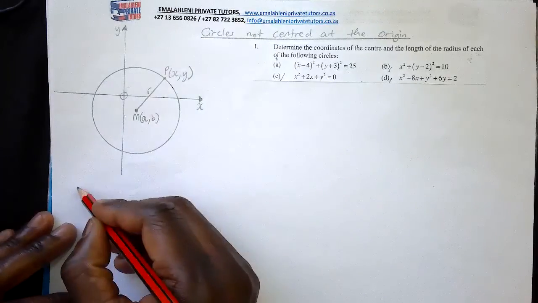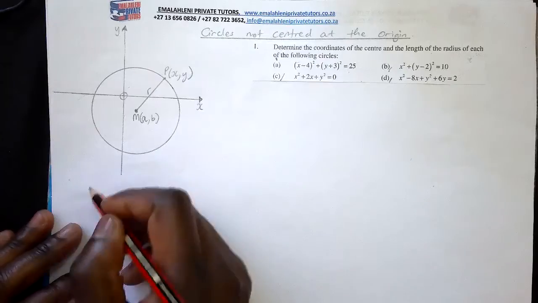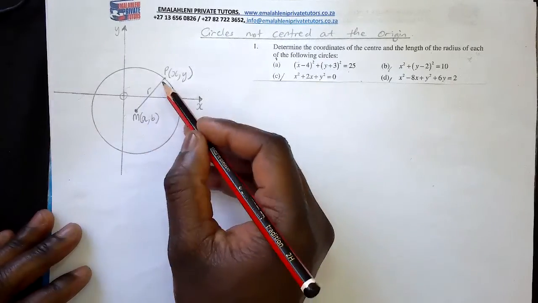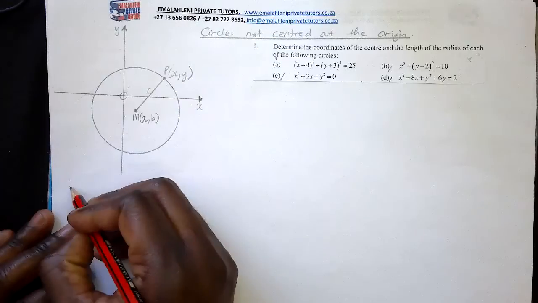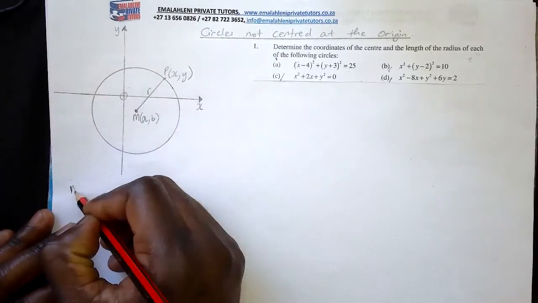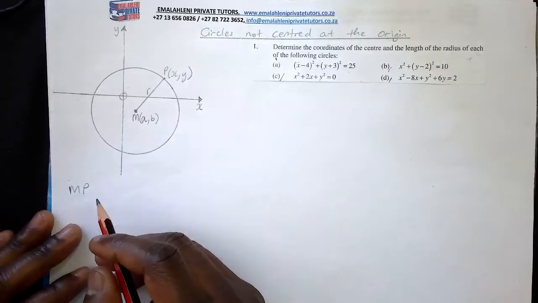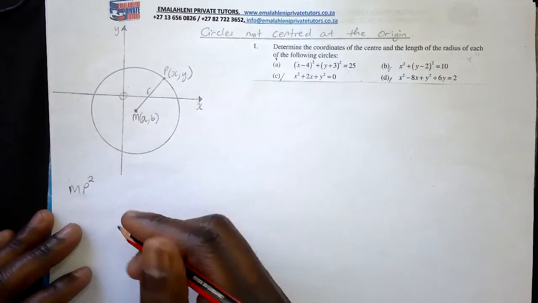Now, how do you get your radius? You use Pythagoras theorem to say, how do I get my radius? So we're saying to find, let's say MP, how do we find it? MP squared, we can use the distance formula, isn't it?